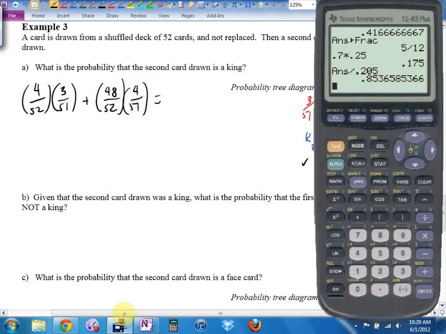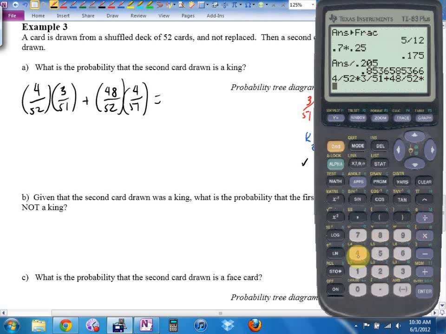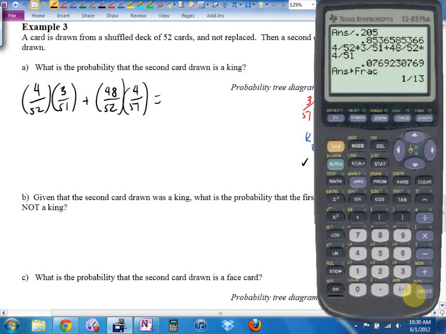And I'll go straight to calculator lowest terms because I'm in a rush. You can get 2 kings, or no king on the first, still a king on the second. You get 1 out of 13?